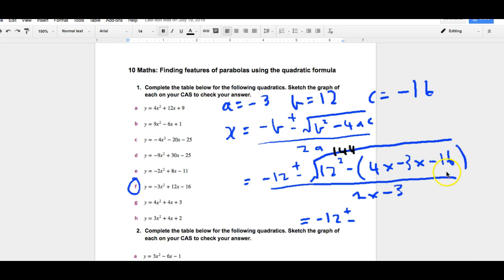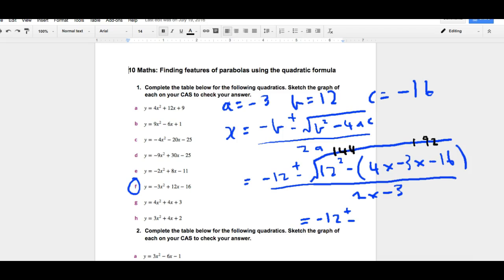Sorry, I'm just thinking aloud, obviously. 4 times 16. So 2 times 16 is 32. So then 4 times 16 would be 64. 64 times 3, 128, 192. Let's check my maths.